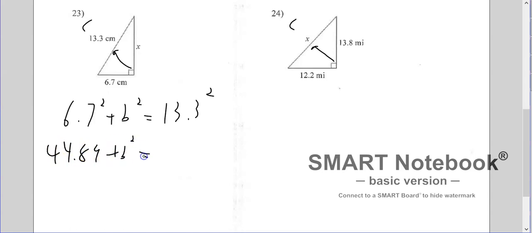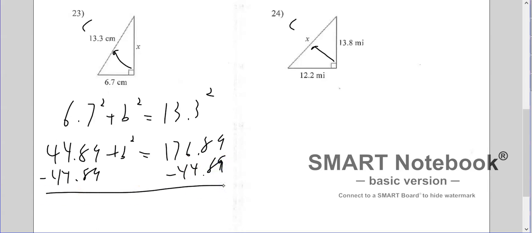Plus B squared equals 13.3 squared is 176.89, which means I need to subtract 44.89 and this is going to give me B squared equals 132.